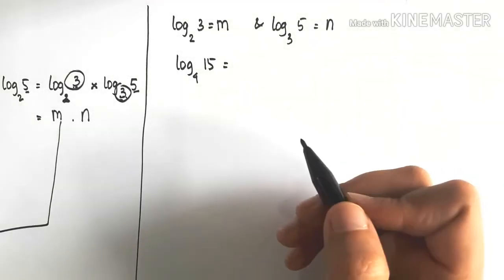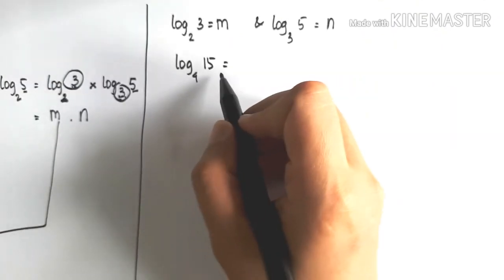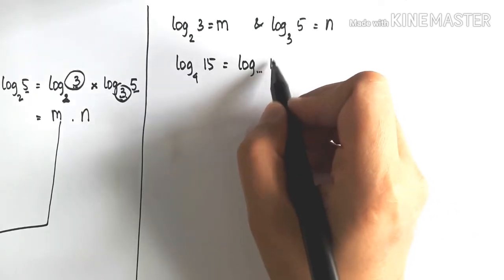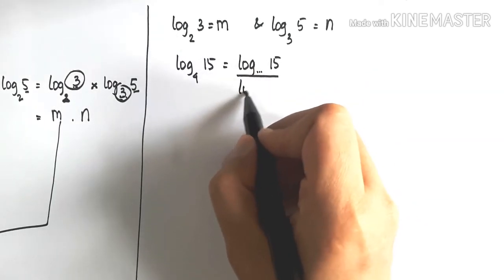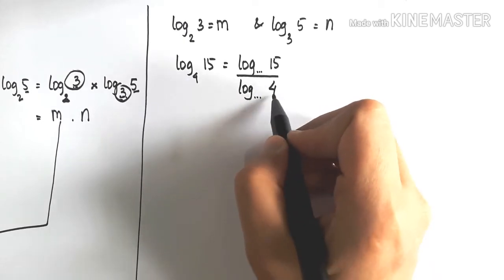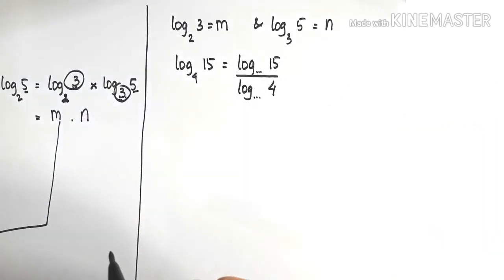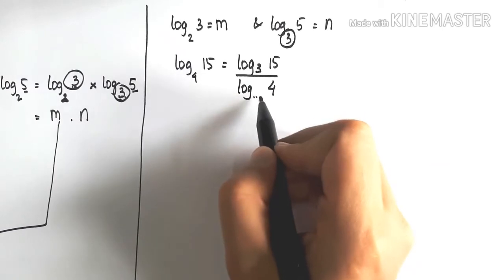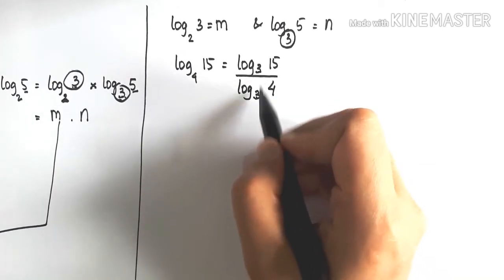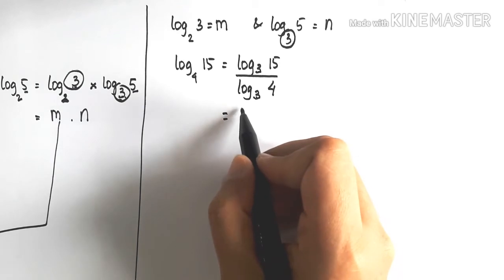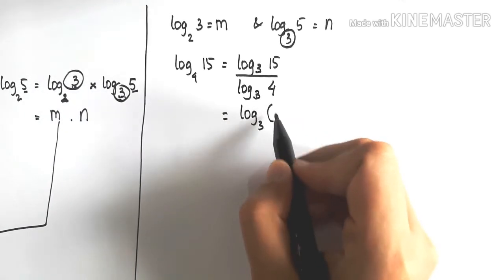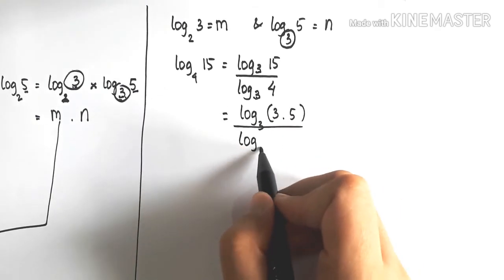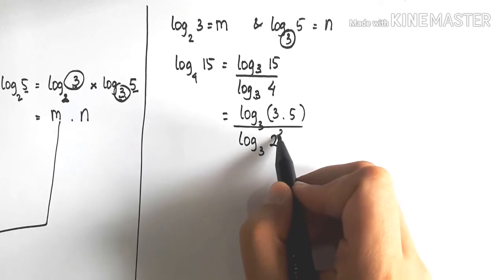Another way to answer this question: log base 4 of 15 changes into log base something of 15 over log base something of 4. If in the first way I used base 2, here I use base 3. It must be the same, equal 3. Log base 3 of 15, where 15 changes into 3 times 5, over log base 3 of 4. 4 is 2 squared.